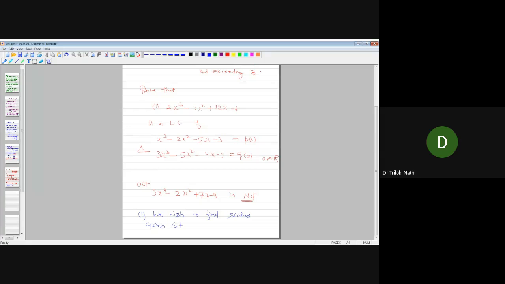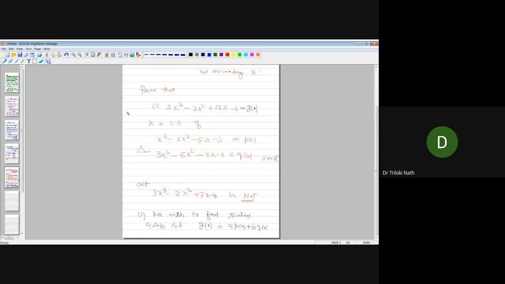We wish to find a and b such that this vector, let us call this gx, is equal to a px plus b times qx.